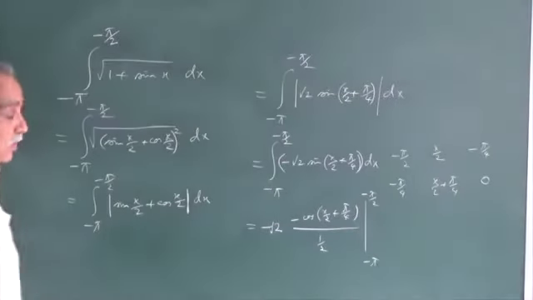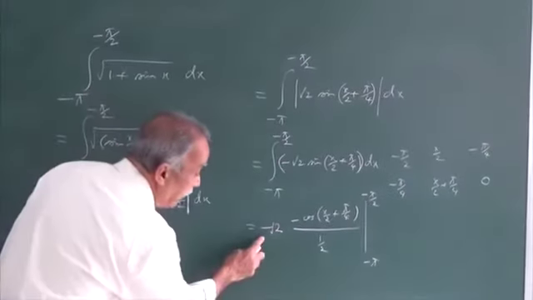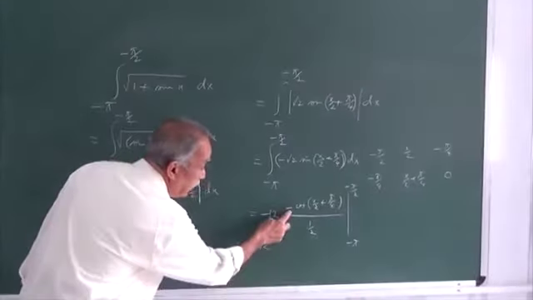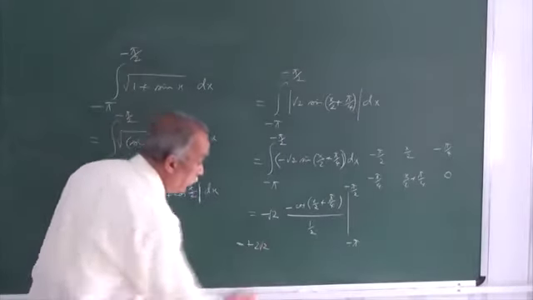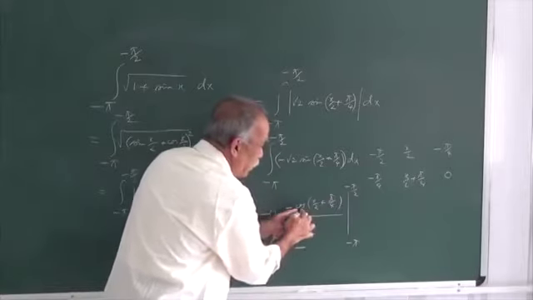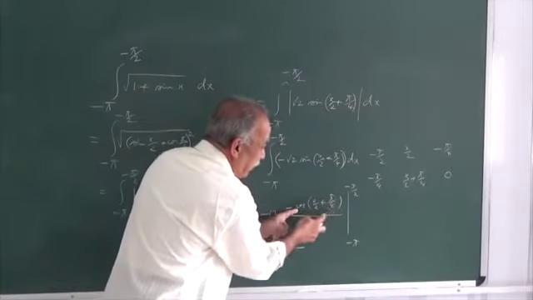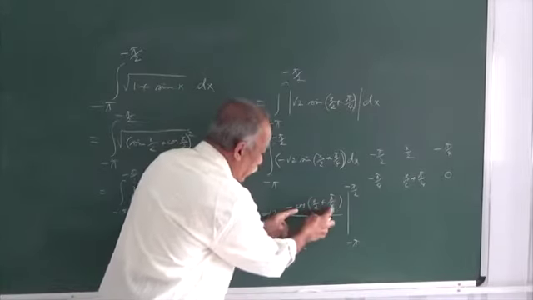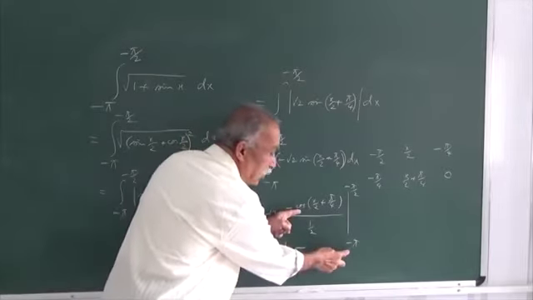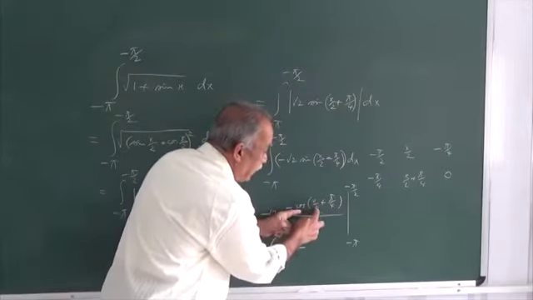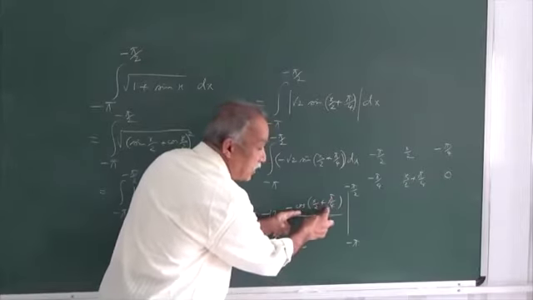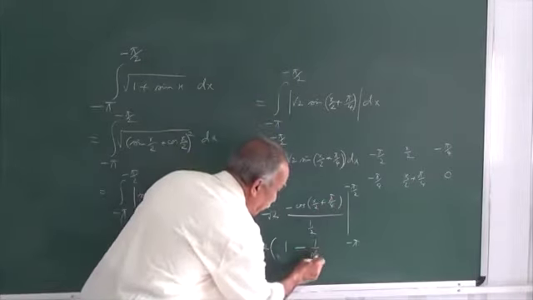This is minus of 2 comes to numerator, minus 2 root 2, its negative, plus 2 root 2. Value of this at upper limit, cos of x by 2 plus pi by 4, is cos 0, 1, minus value at lower limit, cos of minus pi by 2 plus pi by 4, cos of minus pi by 4, same as cos pi by 4, 1 by root 2.